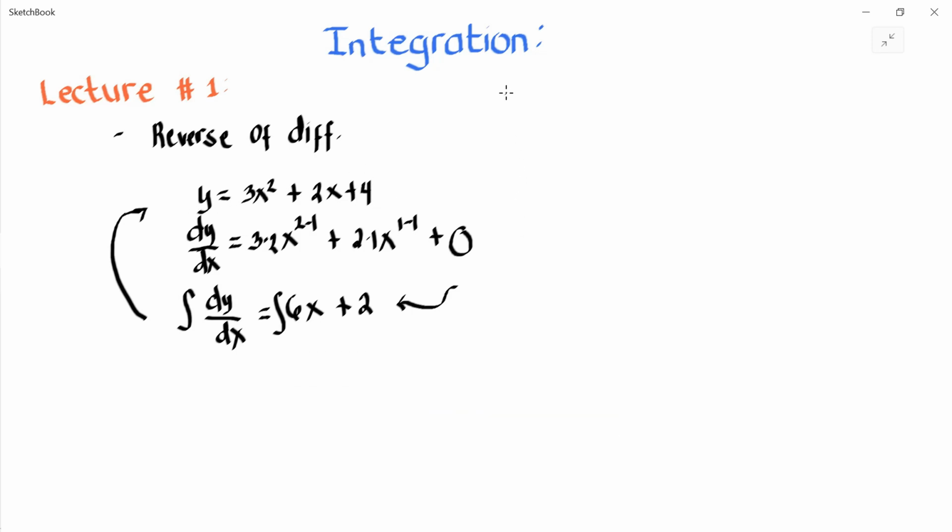What do I actually mean? Suppose we had a function ax raised to n, and its derivative is a times n x raised to n minus 1 dx. When we integrate this one, we should always get this original value.